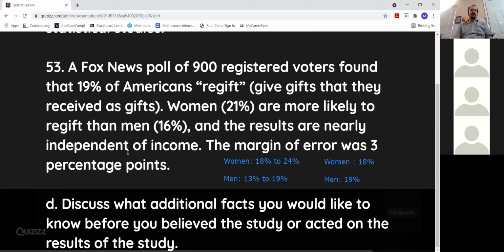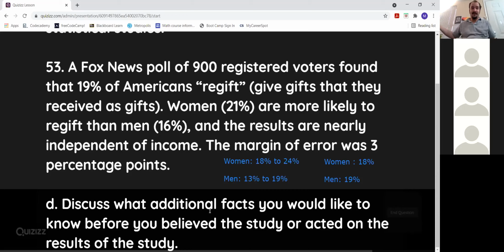So to discuss what additional facts you would like to know before you believe the study or acted on the results, another thing is sample bias. Everything we talked about, sample bias. Those are other things you could bring up at this point, right? How are they determining these people? How are they picking these people that they're sampling?